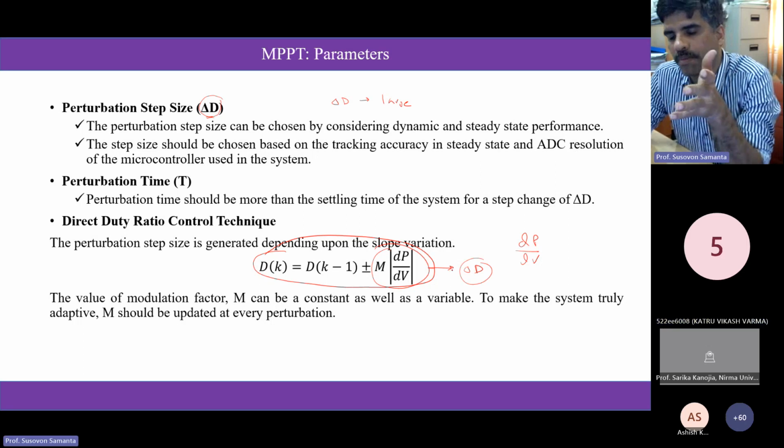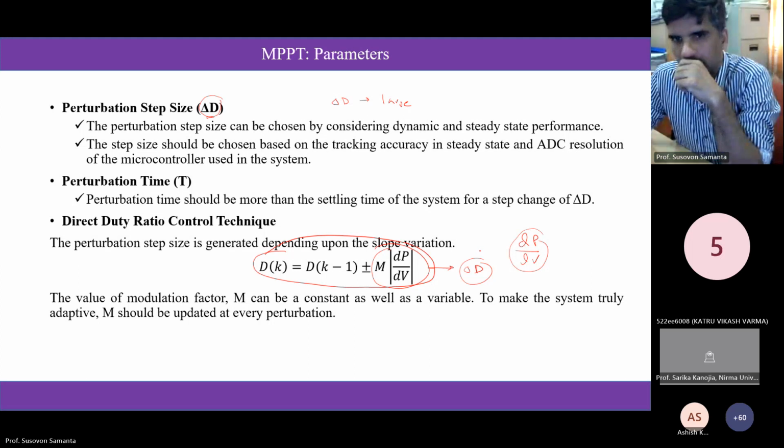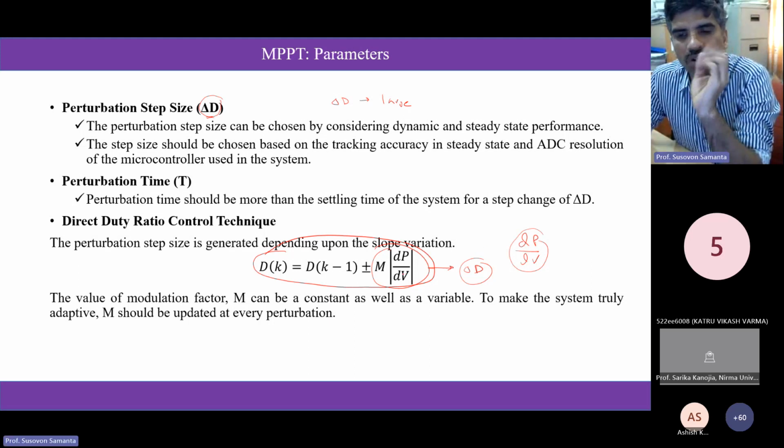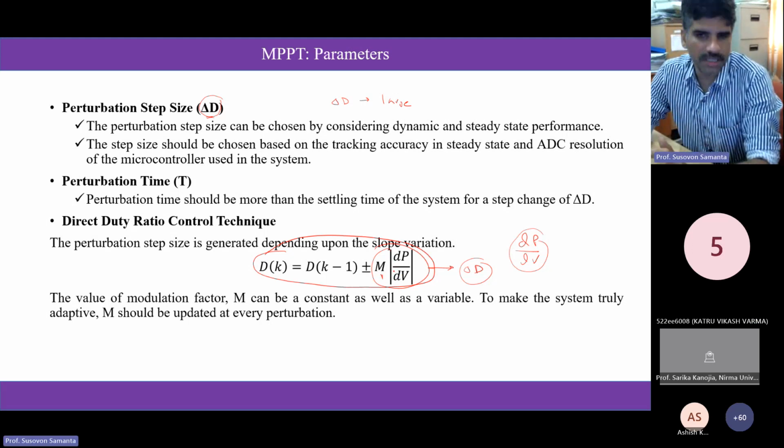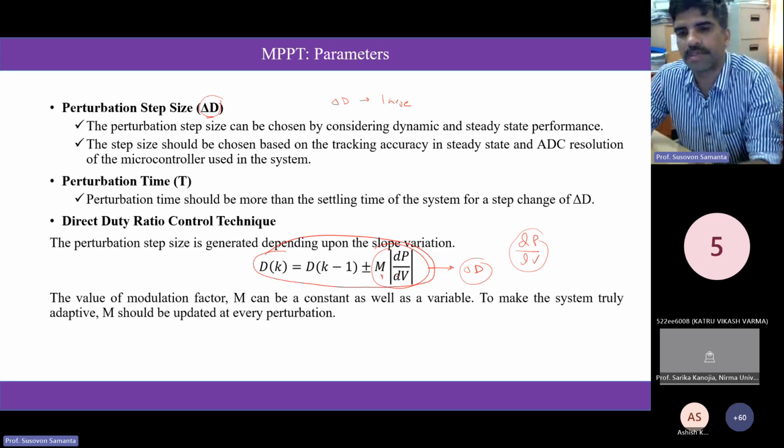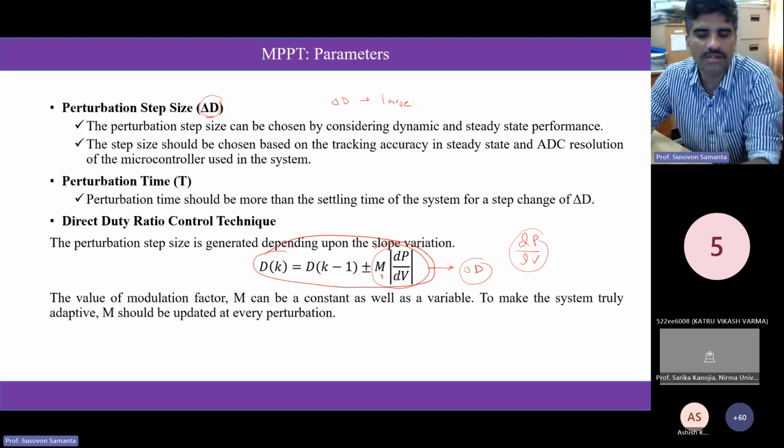And when you reach the MPP, your slope will be very low, so you have a low delta D value. So you can use this one and you can have some scaling factor. In this way, there are multiple ways you can do the adaptation. There are some papers which actually discuss this technique.